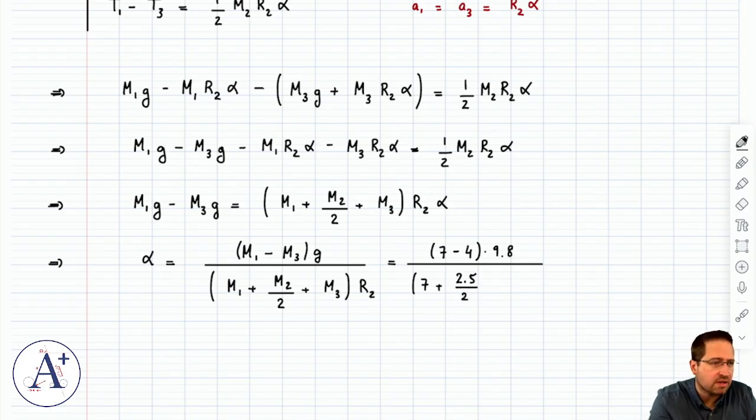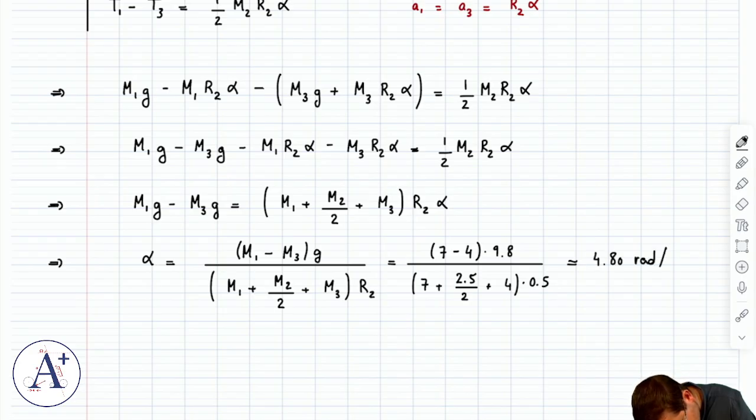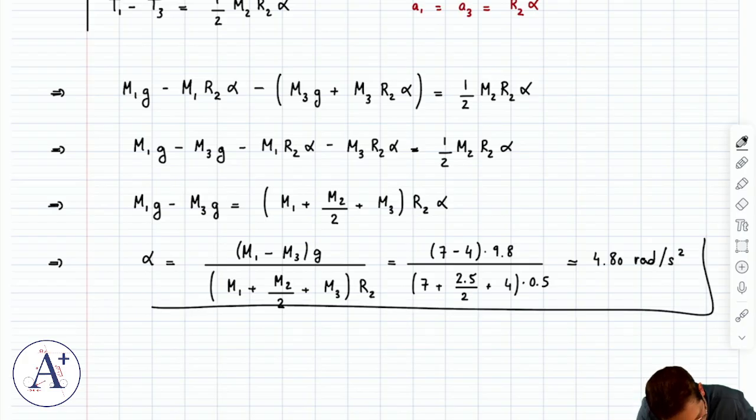Do I believe that? Yeah, 2.5, that's right. 2.5 plus M3 is 4, times R2, which is 0.5. Okay, and this is about 4.8 radians per second squared.